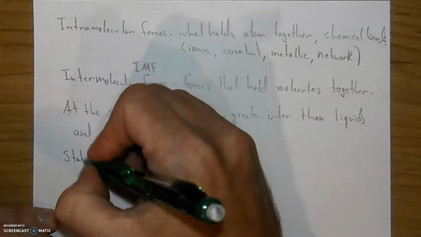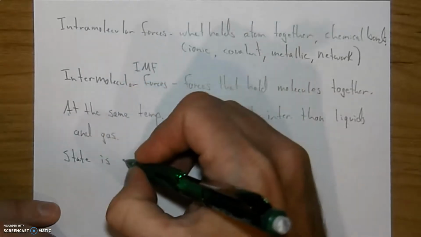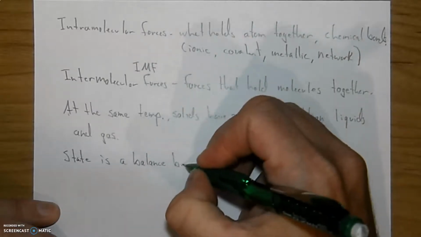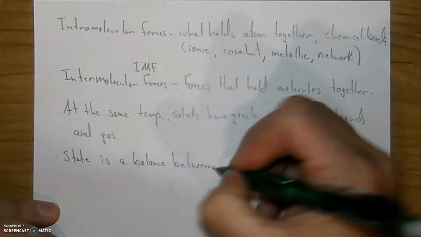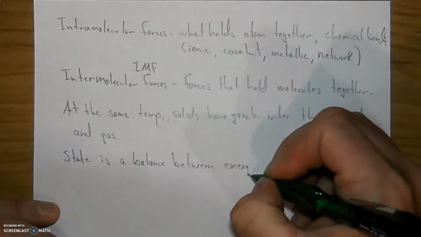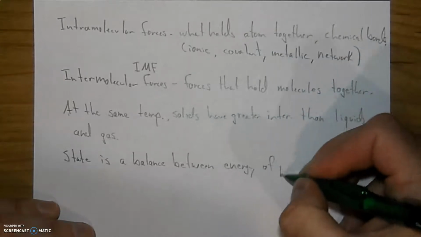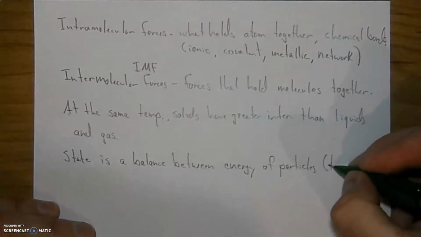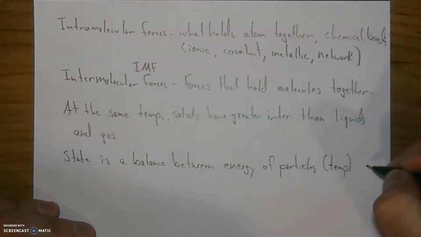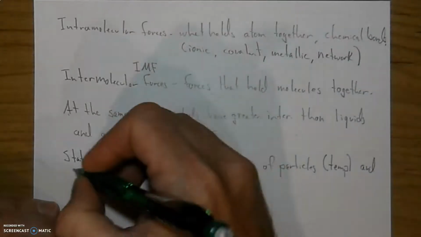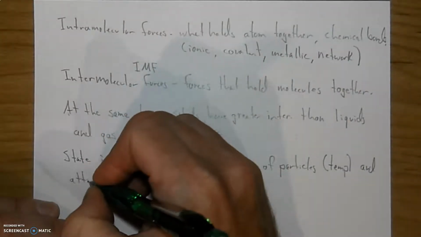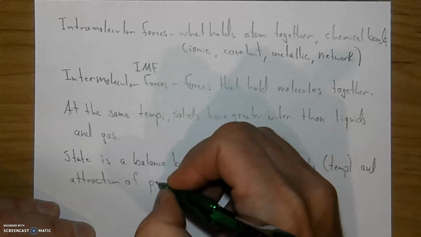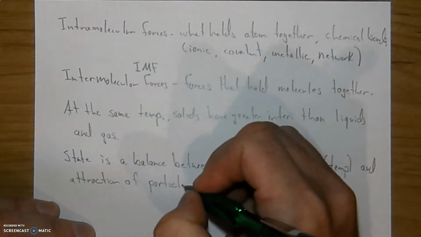The state, solid, liquid, or gas, is a balance between the energy of the particles, which really we're referring to as temperature, and the attraction of the particles for each other.